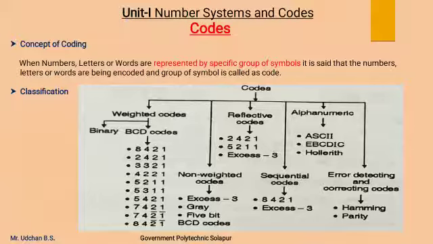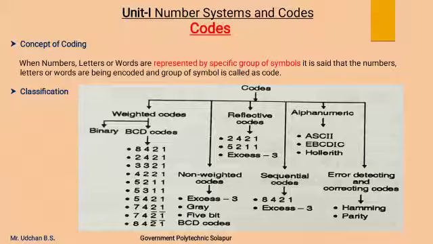When numbers, letters or words are represented by a specific group of symbols, it is said that the numbers, letters or words are being encoded, and the group of symbols is called a code.